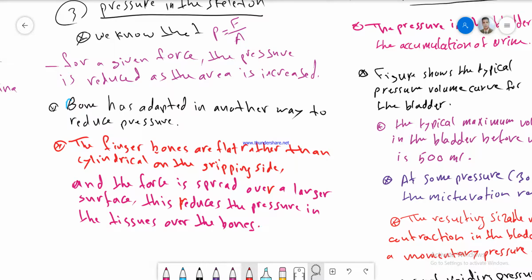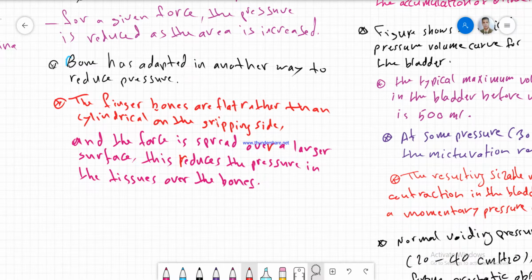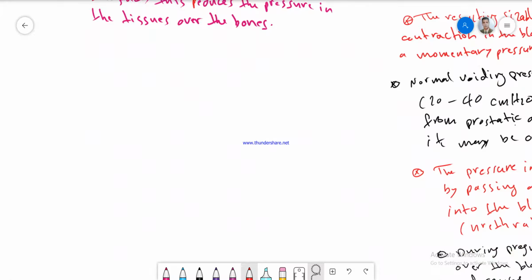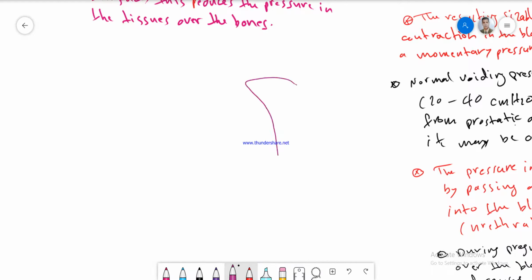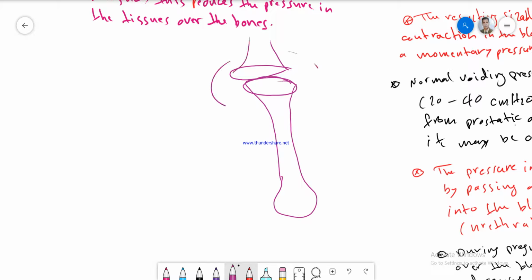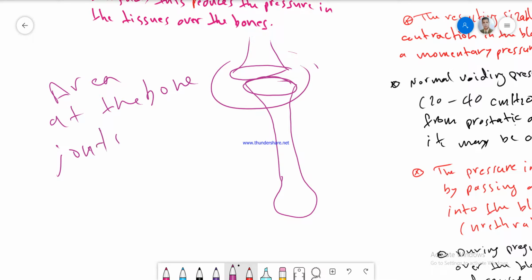We can see this adaptation in the bone at the bone joint. If we have this bone, we see that the area at the bone joint is large.